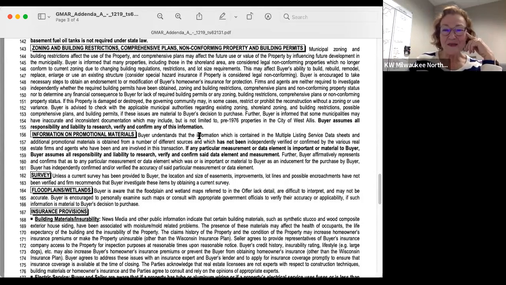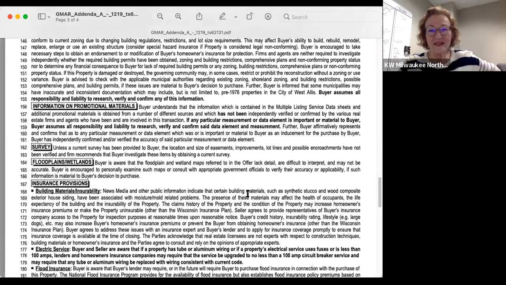Buyer is informed that some municipalities may have inaccurate and inconsistent documentation, which may include, but is not limited to, pre-76 properties. Now, excuse me, I skipped that. If any particular measurement or data element is important or material to the buyer, buyer assumes all responsibilities and liability to research.